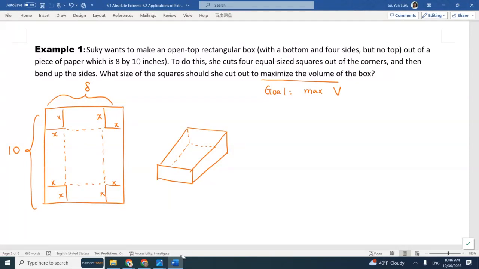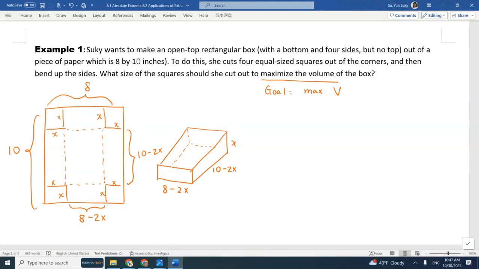The width is 8 minus 2x. How about your height? Oh, yeah, sorry, your length. What's your length? Yeah, so 10 minus 2x is the length. How about your height? x. Exactly.